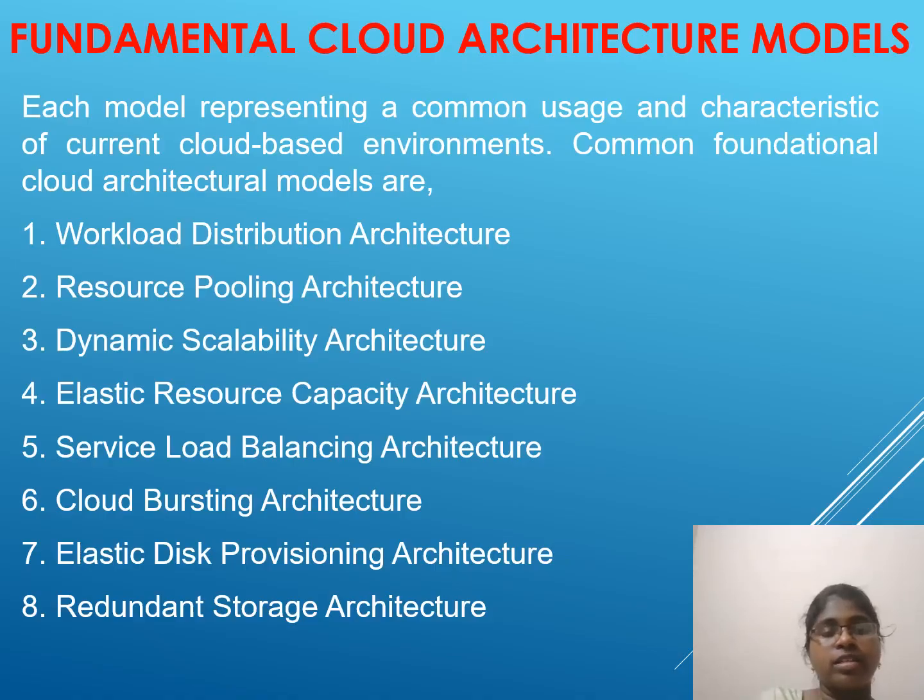Service load balancing distributes traffic evenly among the services. It can spread the load across the services so clients can access data and services evenly. Next one is cloud bursting architecture. It switches from the private cloud to the public cloud.